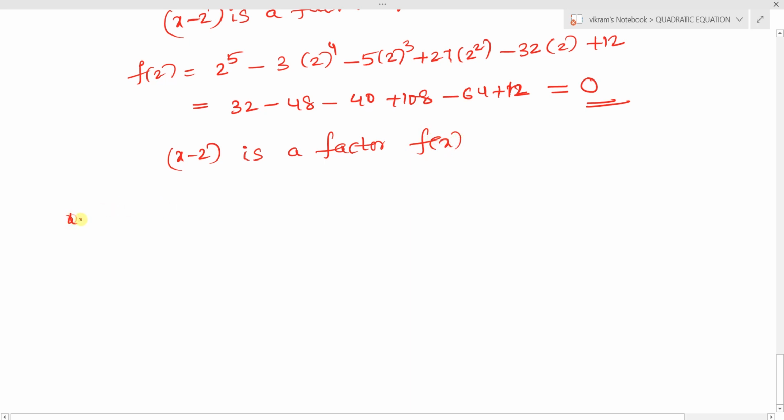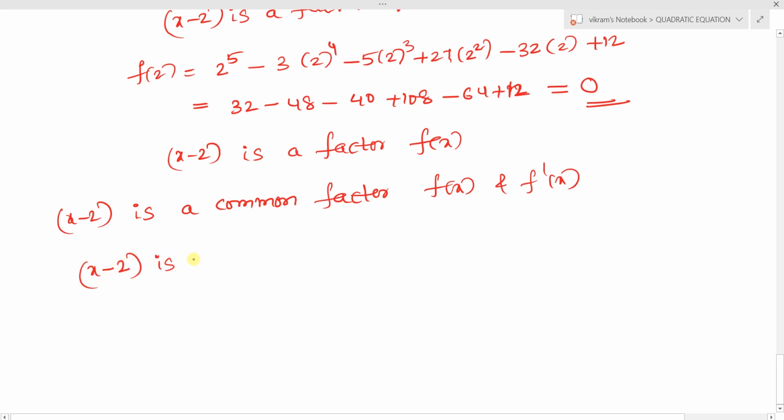That means x minus 2 is a common factor of f of x and f dash of x. That means x minus 2 is a repeated root over here.